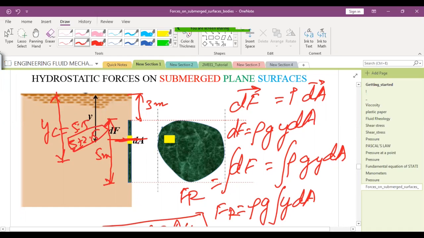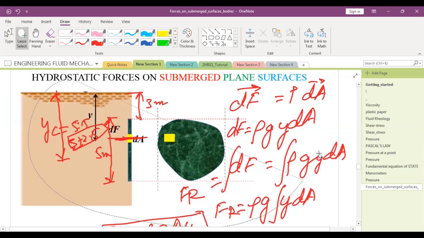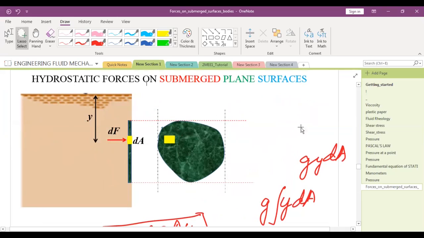But the resultant force will not be passing through the centroid. It will be passing through some other point, and that is called center of pressure. So we will find out the coordinates of that point at which this force is acting. So how can you find out that?